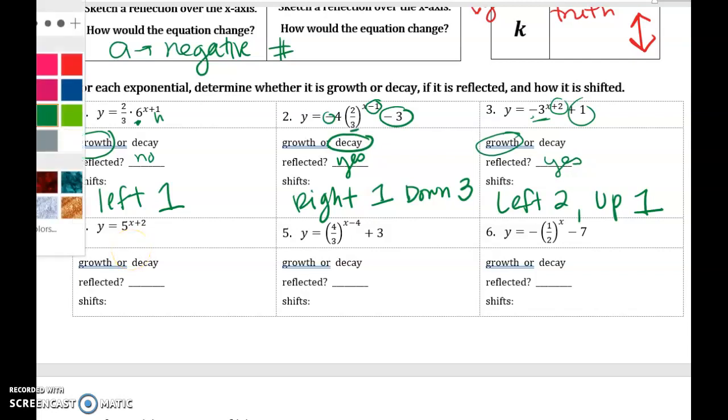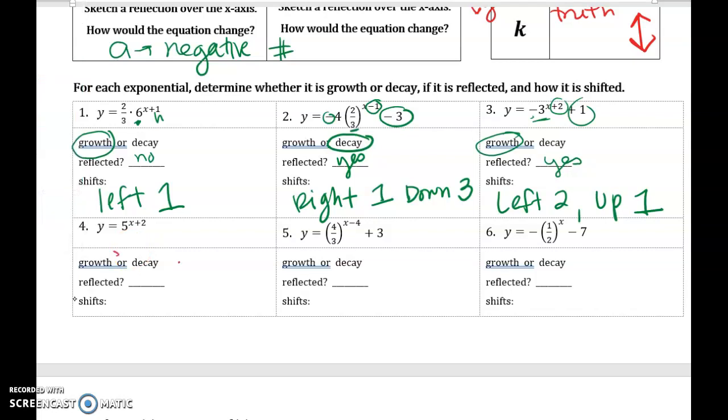All right, number 4 is a growth. It is not reflected, and its shift: I only have 1, and h lies, so it shifts left 2. Number 5, right next to the x is, careful, a fraction, but it's a fraction of 4/3. I almost missed that. 4/3 turns into 1 1/3, which just so happens to be bigger than 1.